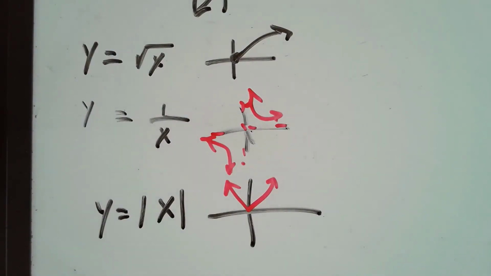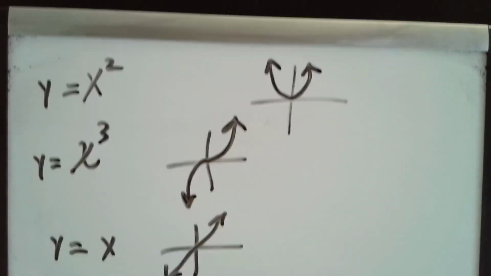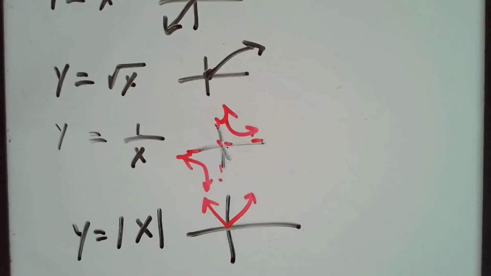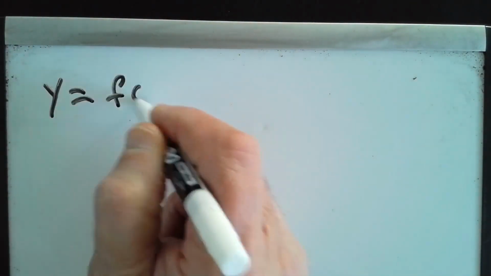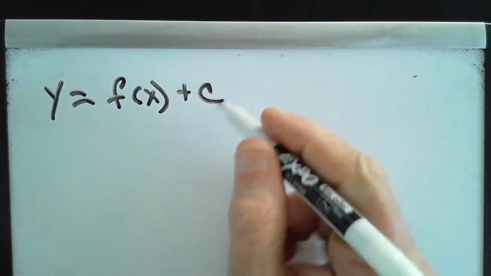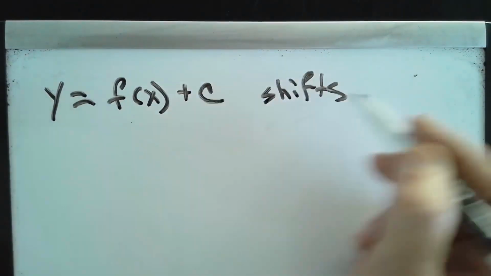Okay, so the first thing you have to do is decide which parent graph the problem applies to. And then once you look at that, you have to decide which way the graph is moving. So if we have y equals our function plus c, that's going to make it shift, which way?